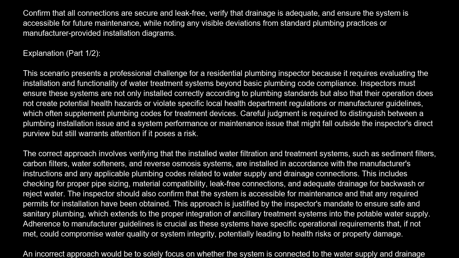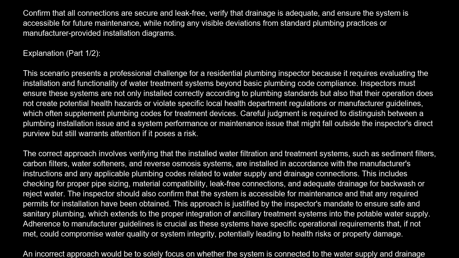The correct approach involves verifying that the installed water filtration and treatment systems, such as sediment filters, carbon filters, water softeners, and reverse osmosis systems, are installed in accordance with the manufacturer's instructions and any applicable plumbing codes related to water supply and drainage connections. This includes checking for proper pipe sizing, material compatibility, leak-free connections, and adequate drainage for backwash or reject water.